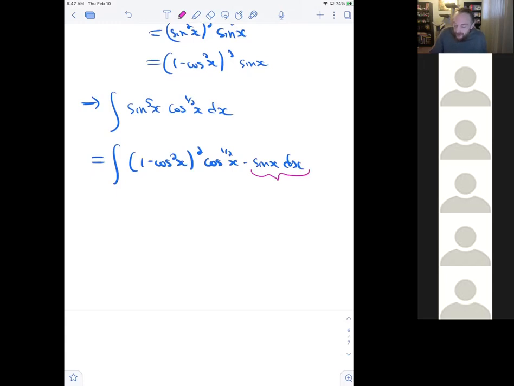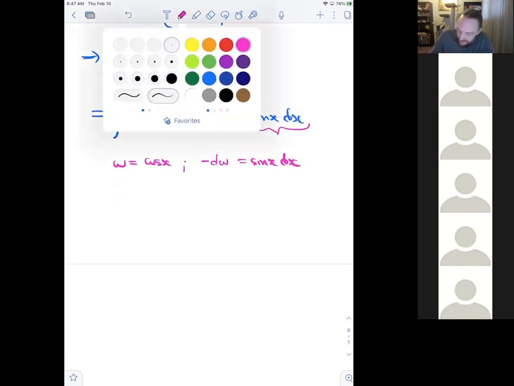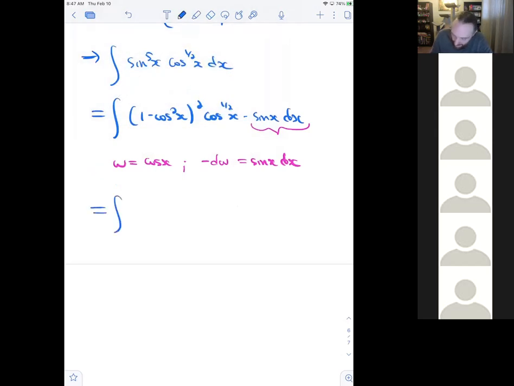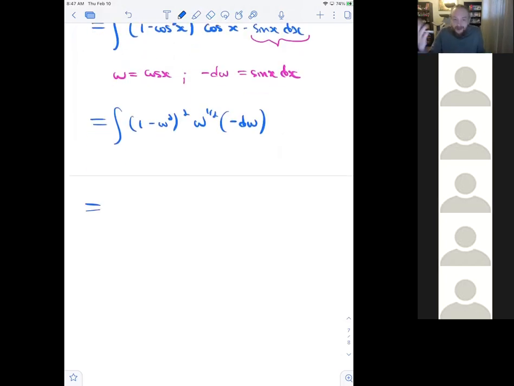I've got the differential I want. So w is going to equal cos x, and negative dw will be equal to sine x dx. Making that substitution, I get the integral of 1 minus w squared squared, w to the 1/2 times negative dw. And now I'm off to the races.